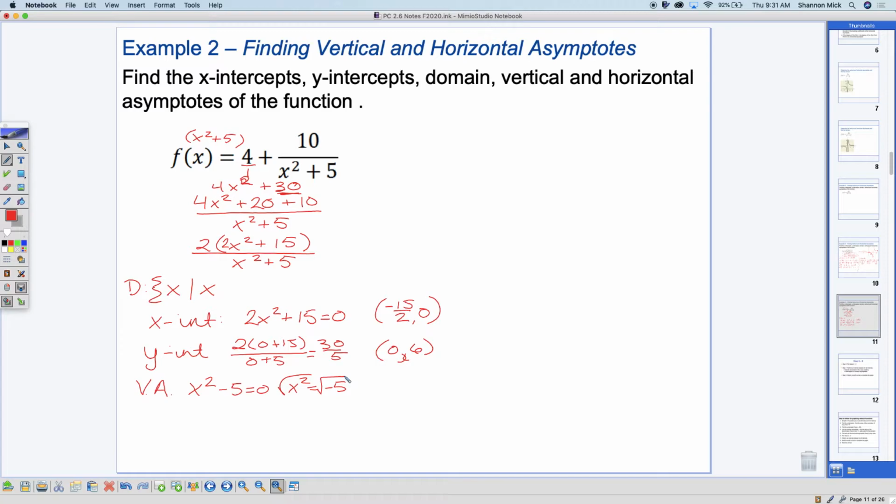No. So is there any vertical asymptote? No. Why not? Because you can't have an imaginary number. It's an imaginary number, right? So there's none, and you just write none. So is there going to be any restrictions on my domain then? No. So it's what? All real numbers. Sometimes you just need to do the math and convince yourself of it.